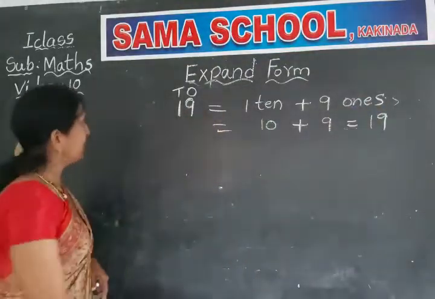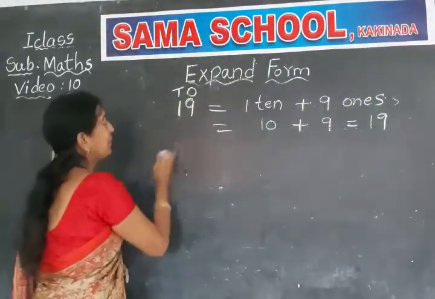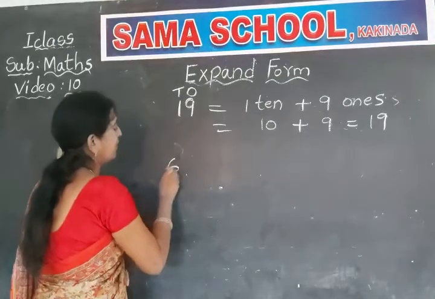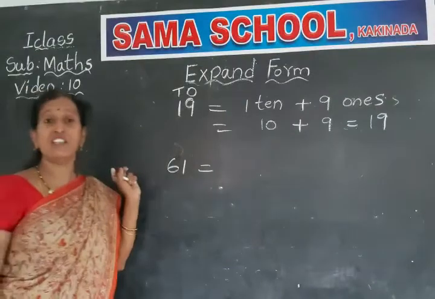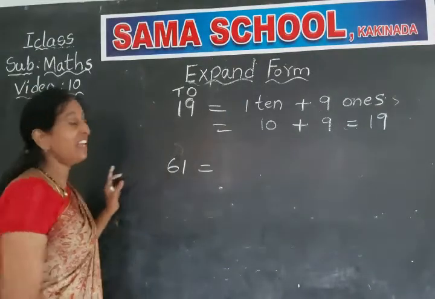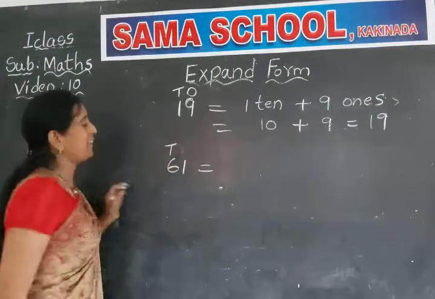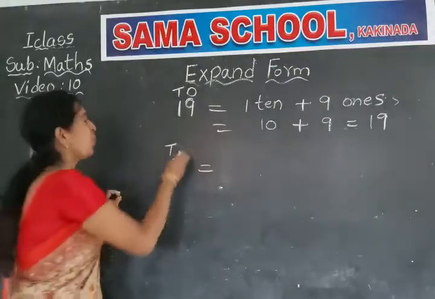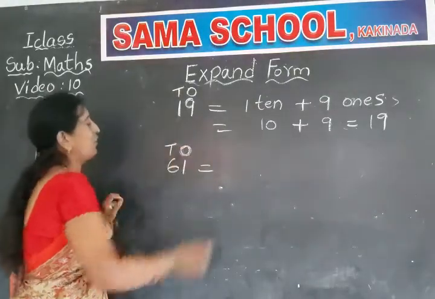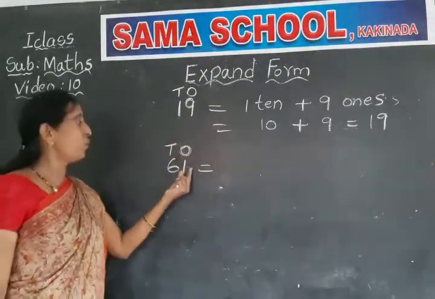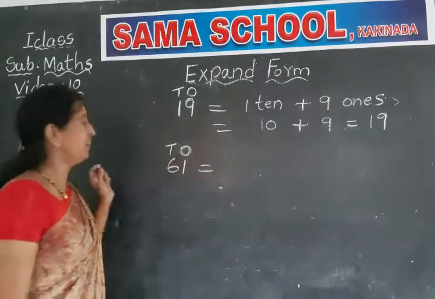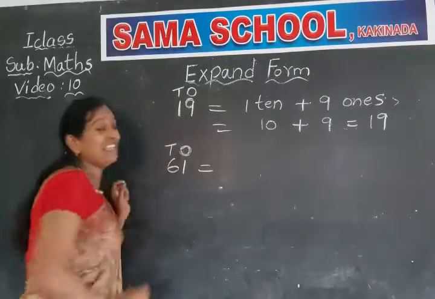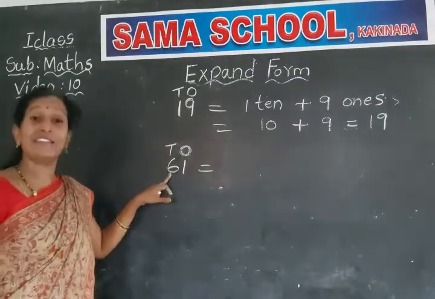Now children, next one. 16. Which is in the tens place and which is in the ones place? 1 in the tens place and 6 in the ones place. Very good. Now you expand this number, children. How many tens here? 1 ten.